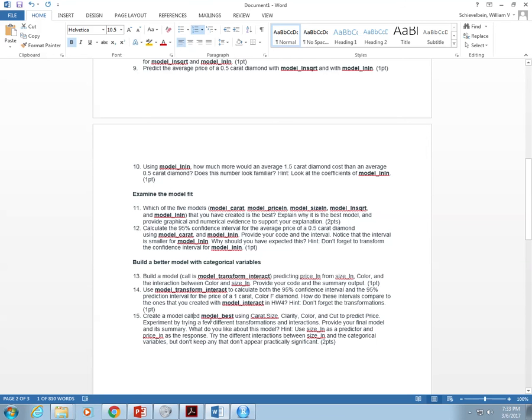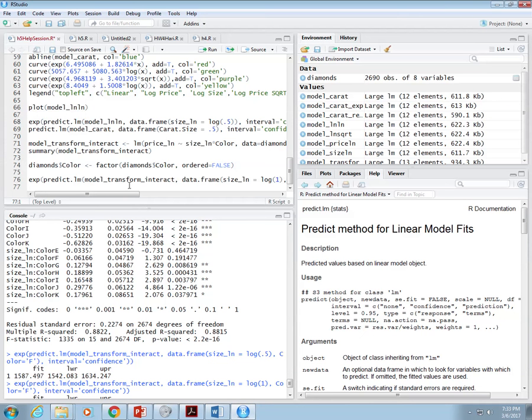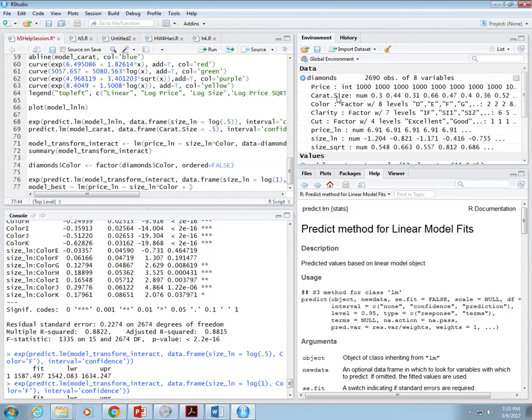The last one is a little bit more just play with it. Create a model called model best using carat size, clarity, color, and cut to predict price. And you should experiment with different transformations and interactions. So model best, you can start with just putting everything in there. We can do price ln as a function of, we know this is good, size ln times color, plus, what else do we have here?